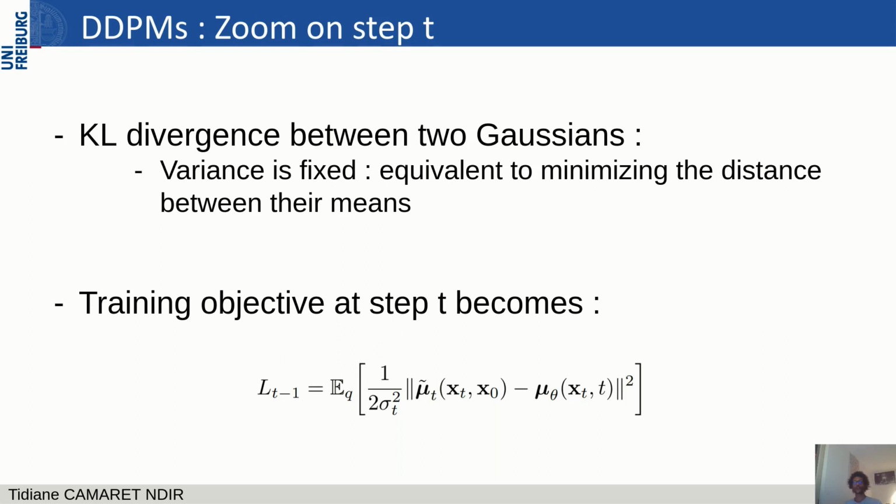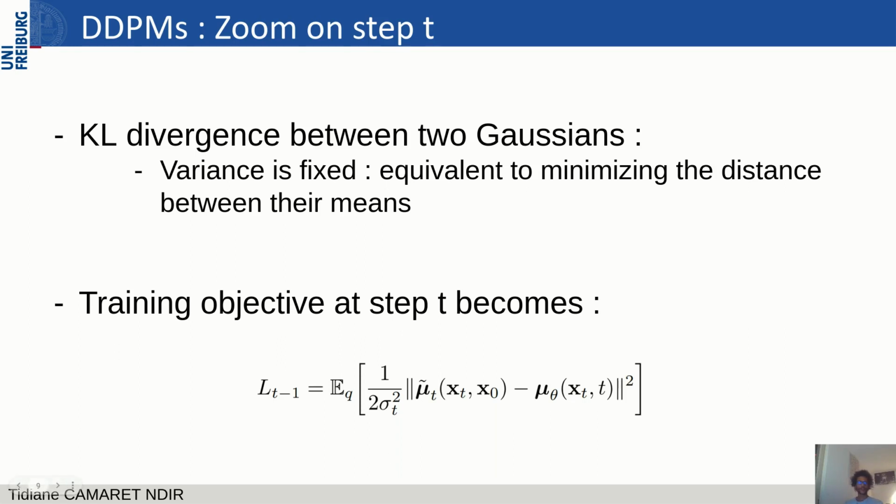So it's no longer a learnable parameter. So in these conditions, minimizing the KL divergence is equivalent to minimizing the distance between means. So it's a good thing because we actually know the means. We know mu tilde t.